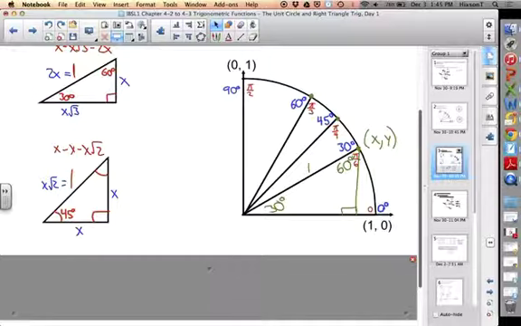You can ask a neighbor for help if you're a little stuck. Figure out x and then plug it into the pattern on the other two sides. And just leave them in radical form. Don't do decimals.